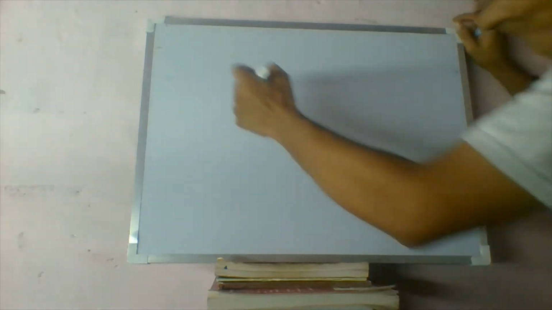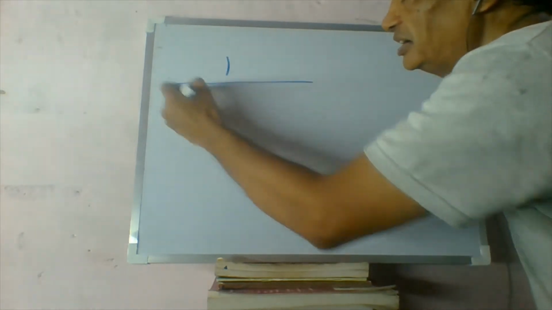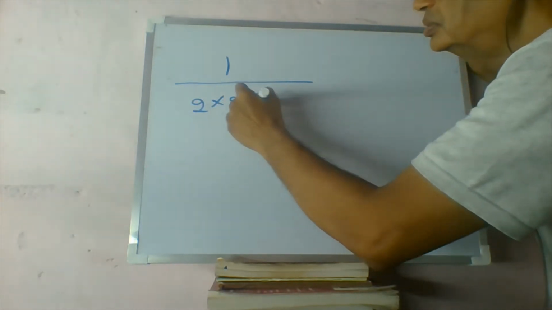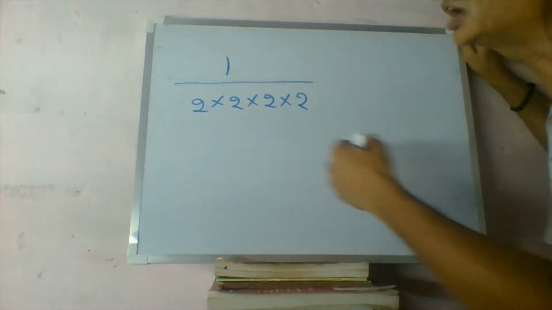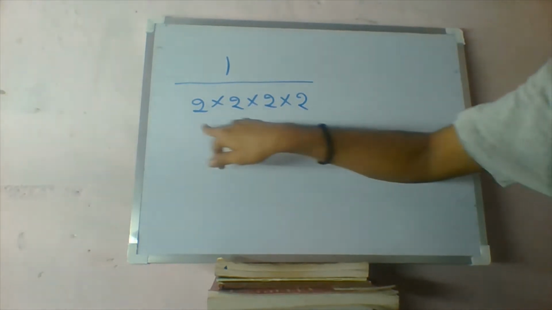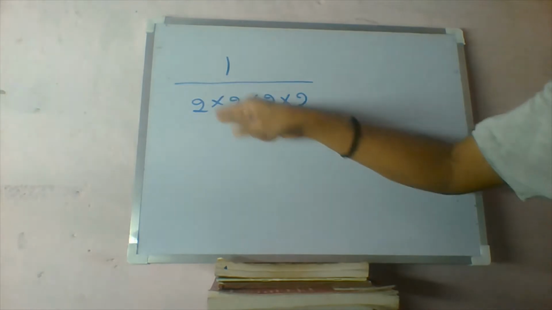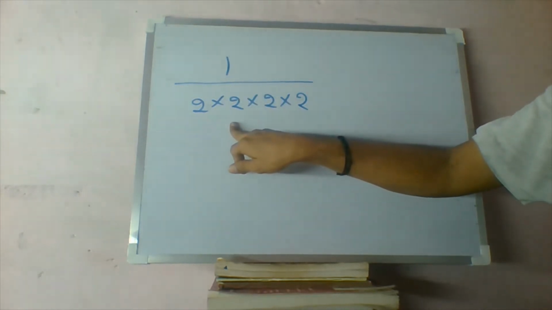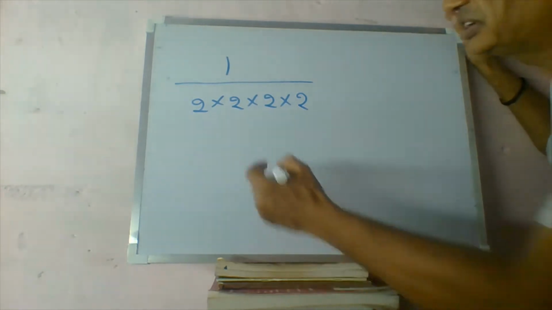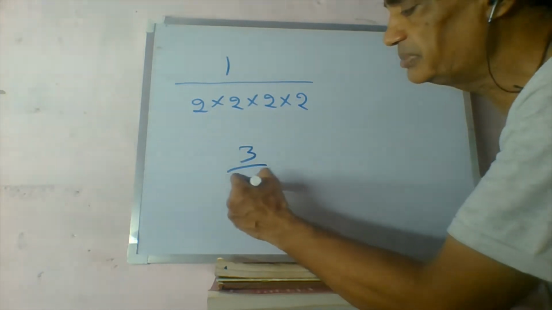We can have a situation like this: 1 by, let us say, 2 into 2. Now, instead of in the numerator, we might have repeated multiplication of a number in the denominator. We hope you know what is numerator and what is denominator. Say it is an expression 3 by 5.